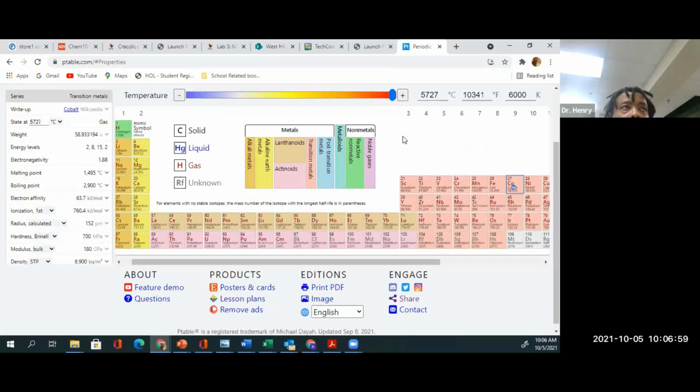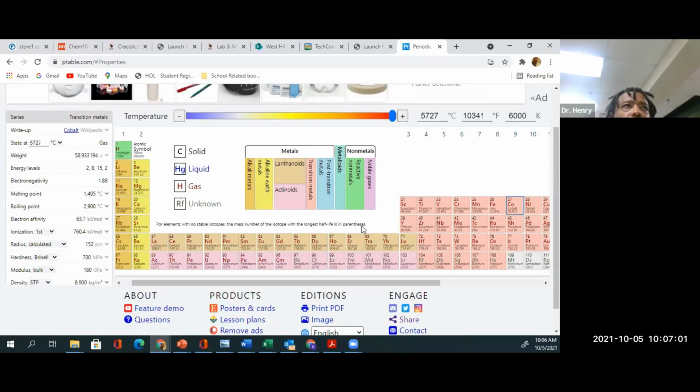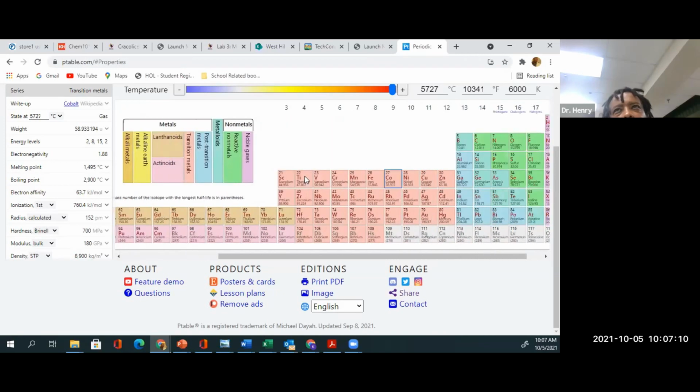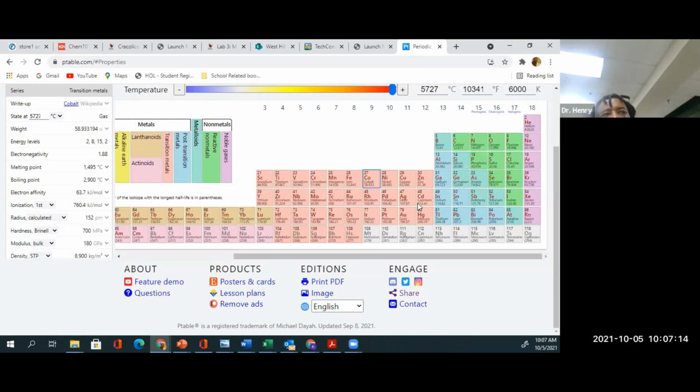Okay, it's not letting me make it smaller, but you guys can see this here. These are your lanthanoids, these are actinoids. This is where they actually sit. So that's the widened periodic table. The reason we do it this way is because it's easier to fit on a piece of paper. Okay.